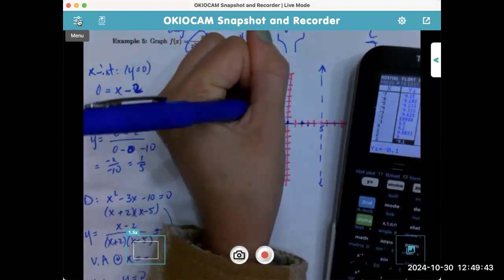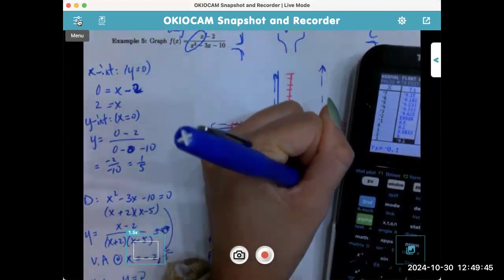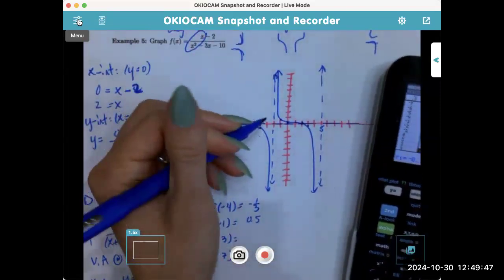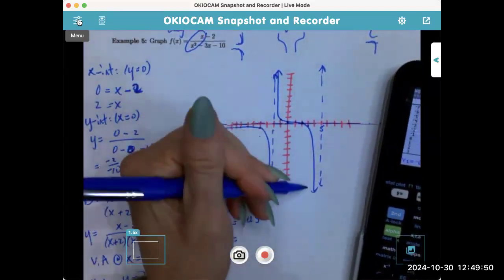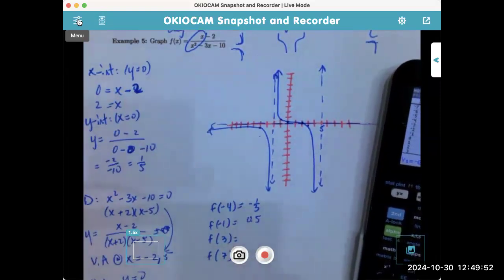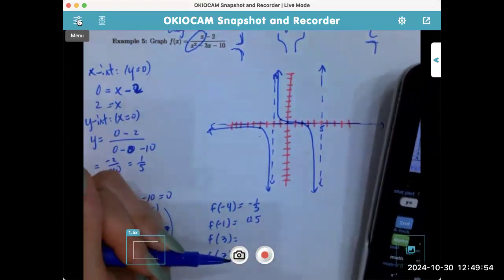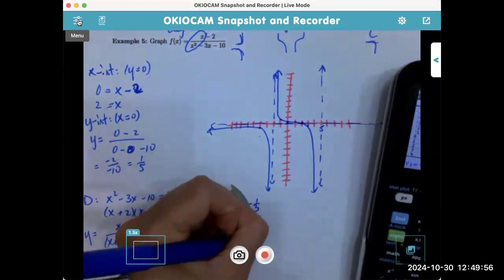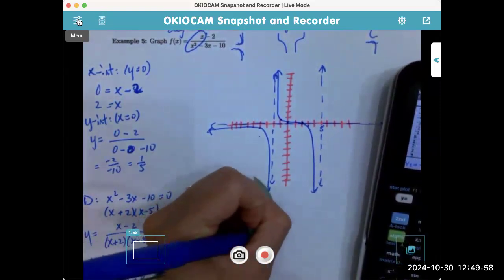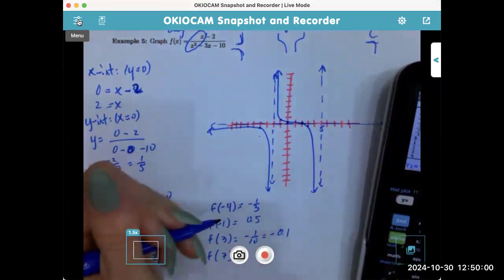Okay, so this tells me I have this elongated inverted shape, whatever you want to call it.